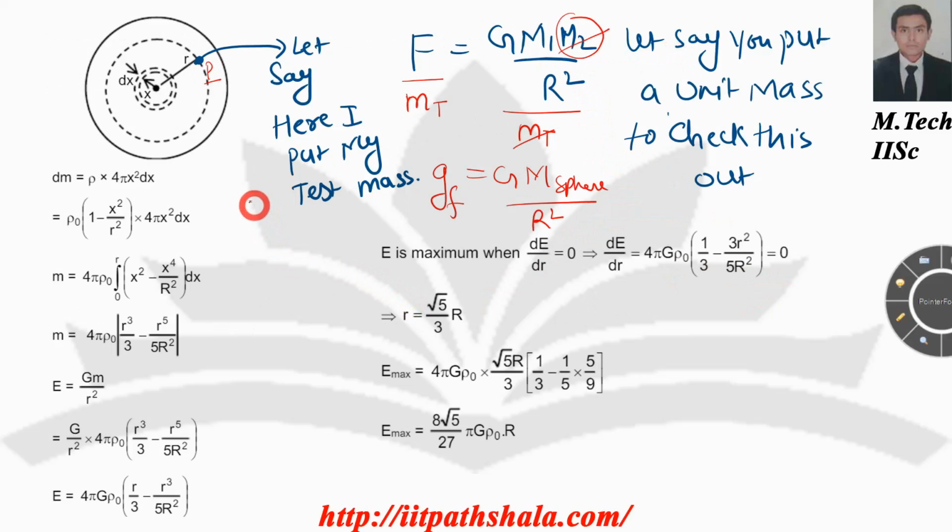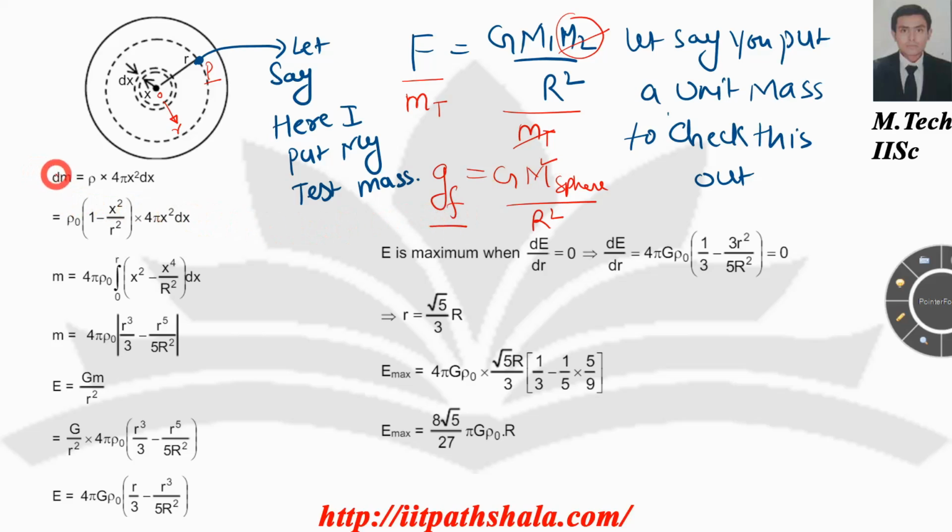So what I can do is, let's say at a distance x, I take a shell of thickness dx. Because you have to find the field over here, you can integrate the mass of this sphere ranging from 0 to r, and after finding the mass of the sphere, you can just put it into this expression over here.